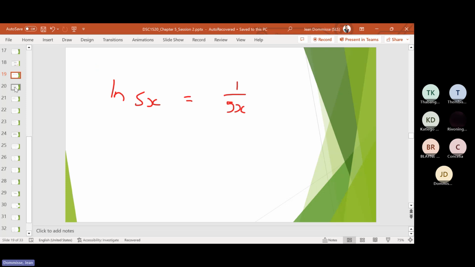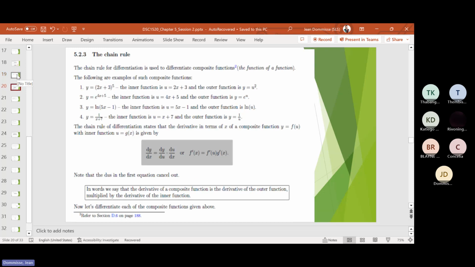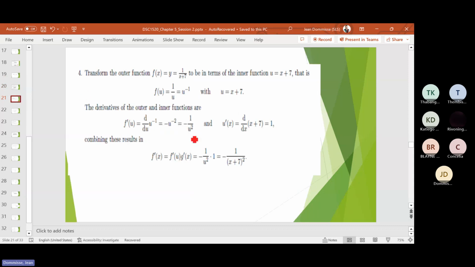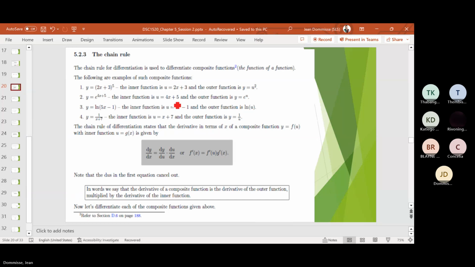Okay, that is your ln function that we're working with. What we can then do, and we'll get to some of those also in the next few slides, is look at the second rule now, which is your chain rule.